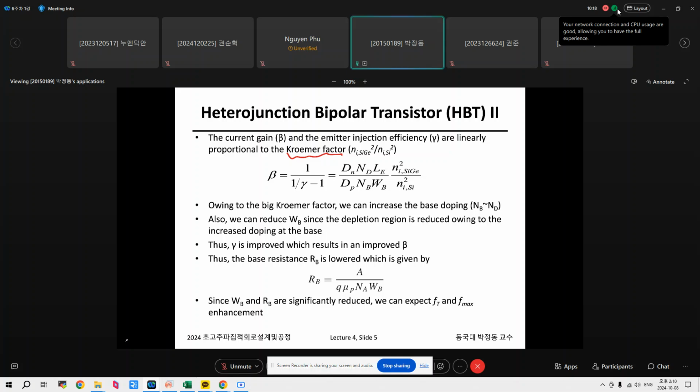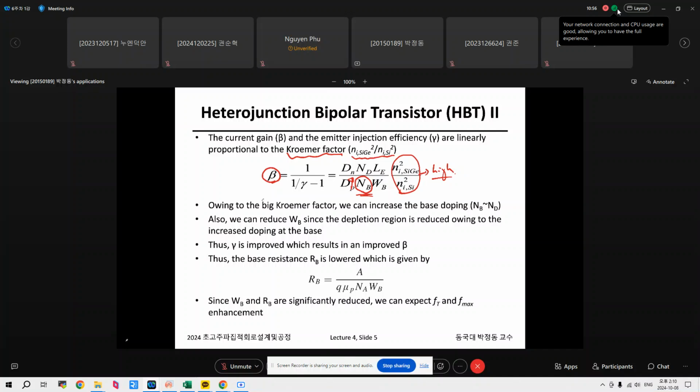Owing to the energy band gap difference, we have a high gamma factor. Because this is high, even if we implant high to compensate, we still can get a beta much higher than that of the BJT. That's the magic that happens.